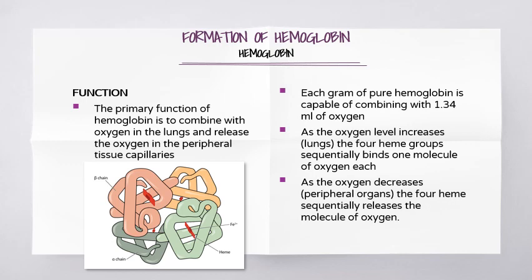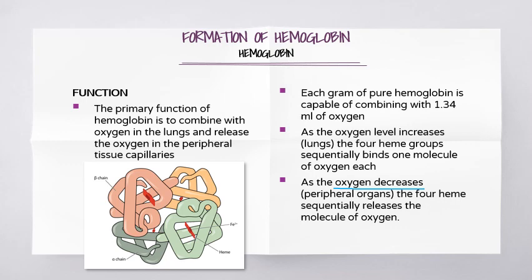But as it goes into the body, it will go to the periphery, the organs that need that oxygen. It will sense now that there is a decrease in oxygen levels or pressure. There will be a conformational change in the hemoglobin molecule wherein it will now unbind or release the oxygen molecules into the tissue that needs it.